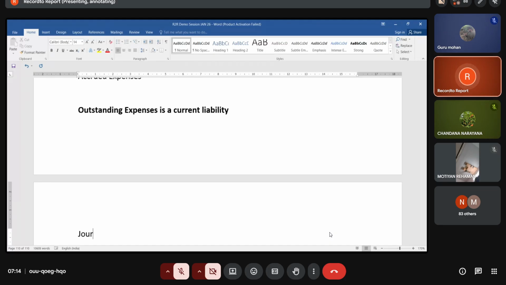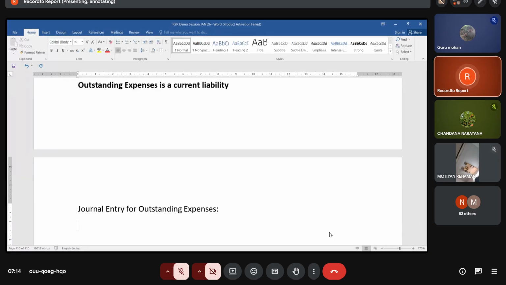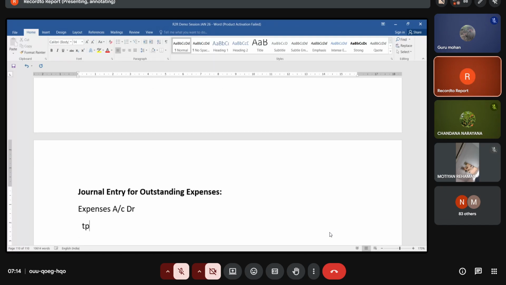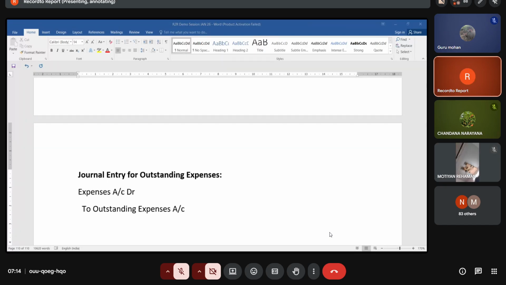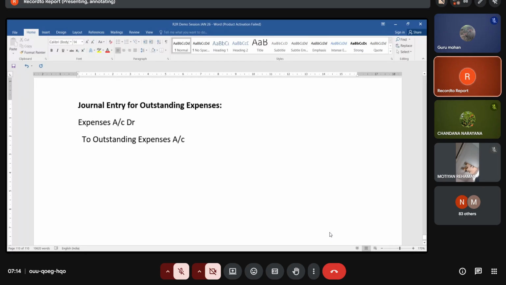So the journal entry for outstanding expenses: expenses account debit to outstanding expenses.